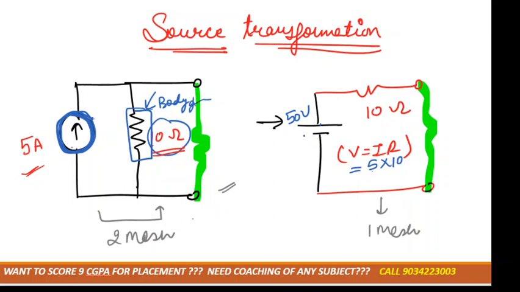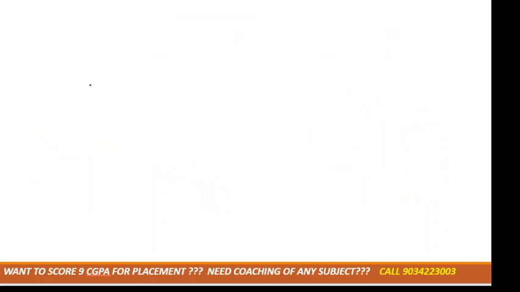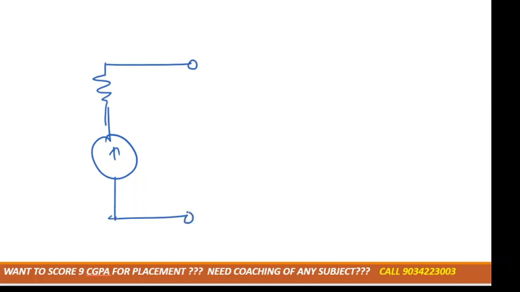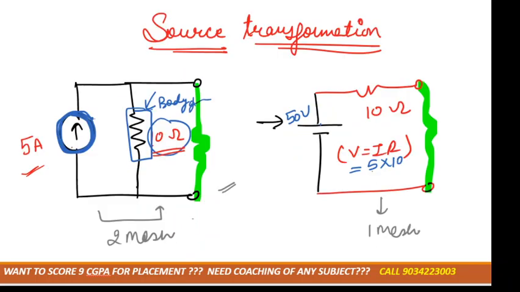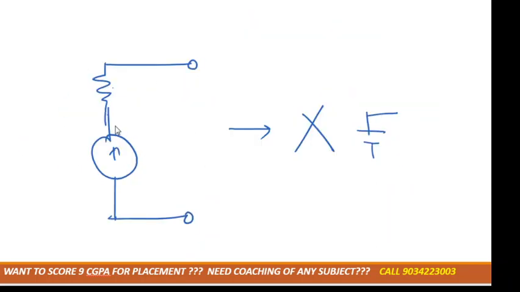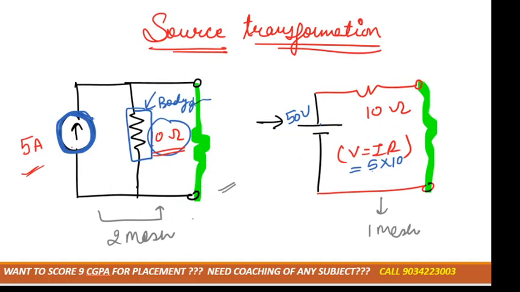If the bodyguard is near your enemy, meaning this is your enemy and the bodyguard is sitting near to your enemy, like if it is in series with the resistance, then in that case you can't convert it into a voltage source.